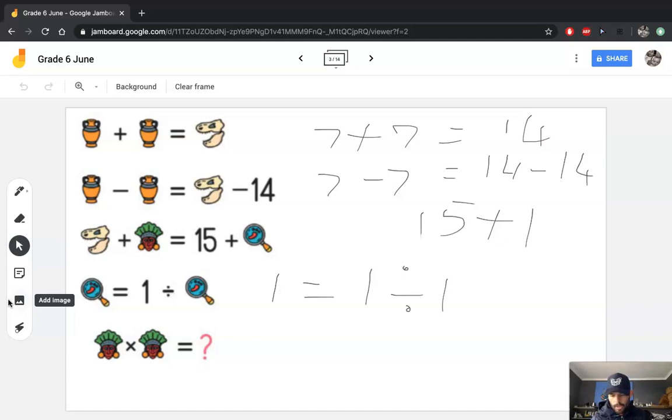If the skull is 14, then the mask has to be 2, because 14 plus 2 is 16, and so is 15 plus 1. So far everything works out quite nicely. And then all that's left is 2 times 2, and that is equal to 4.